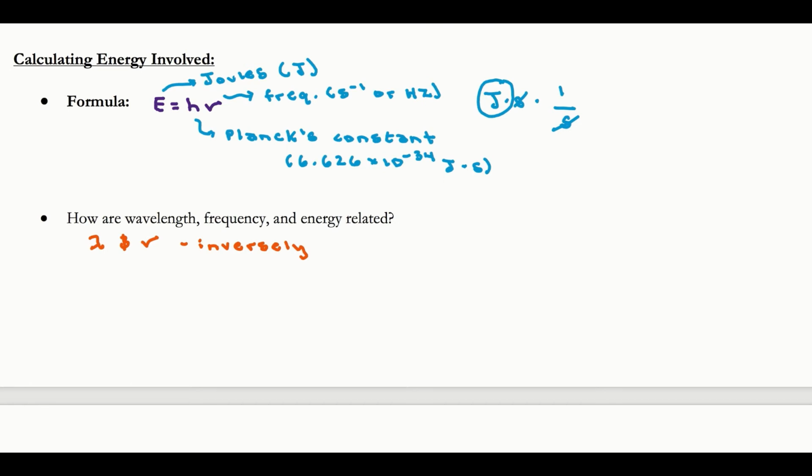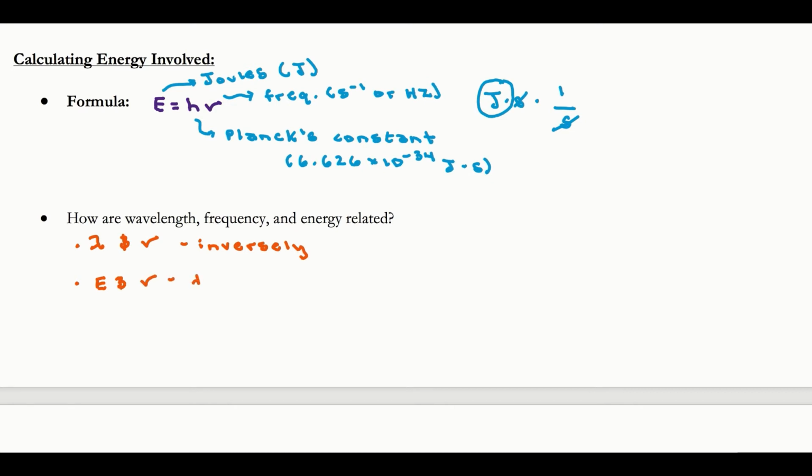If you increase the energy by shaking the slinky with more and more force, the wavelength, the distance between the crests, is going to decrease while the frequency increases. And so what that tells us is that energy, the energy that you're putting into the slinky, and the frequency are directly related.